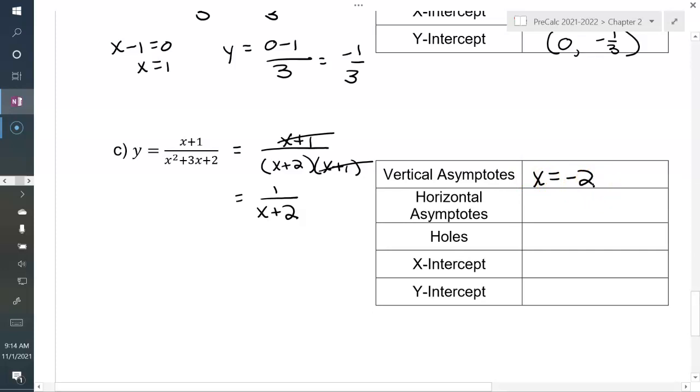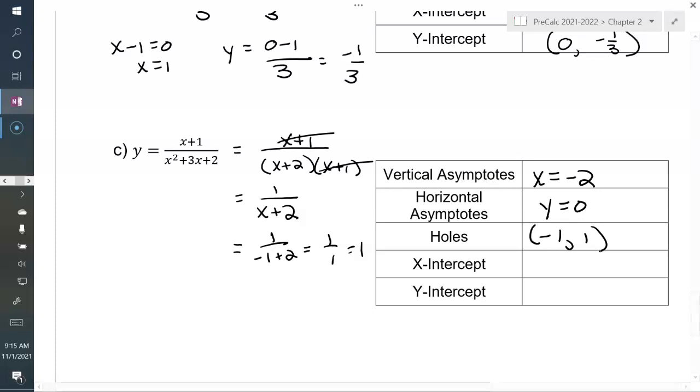Horizontal asymptotes. Y equals 0 because my degree of the numerator is 1 and denominator is 2. Holes. I do have a hole at x equals negative 1. So plug in a negative 1. So negative 1, 1, you'd have a hole on your graph.